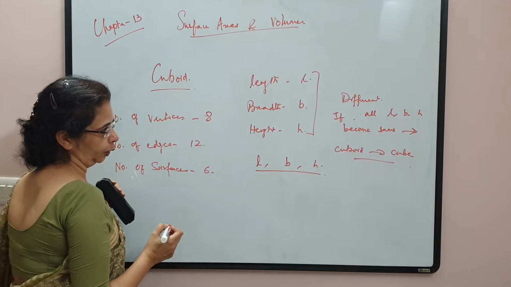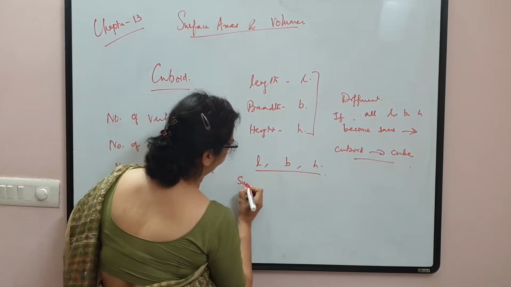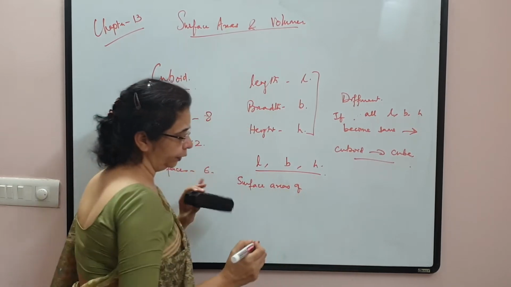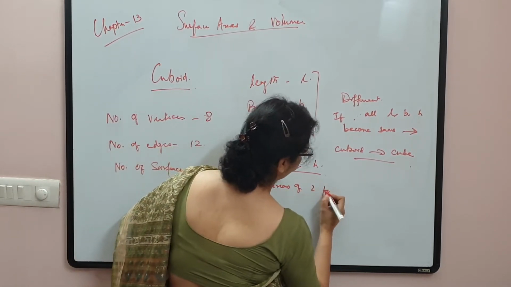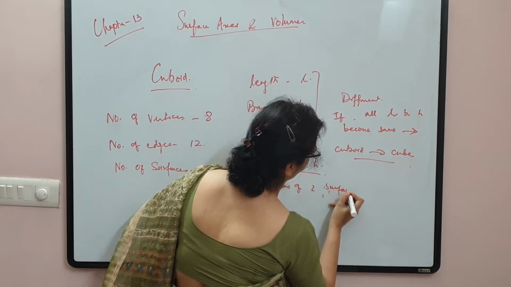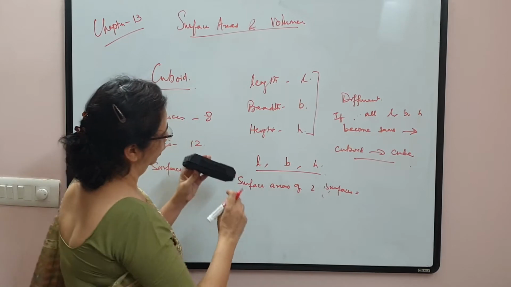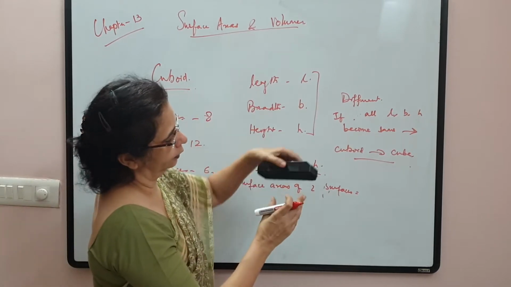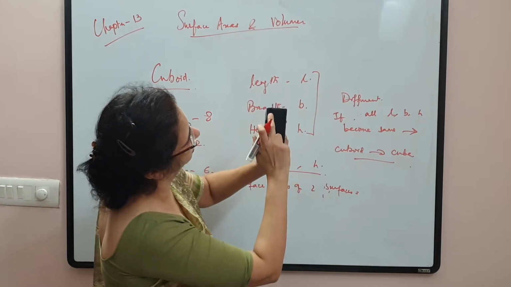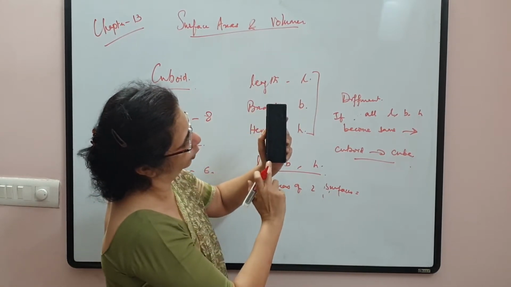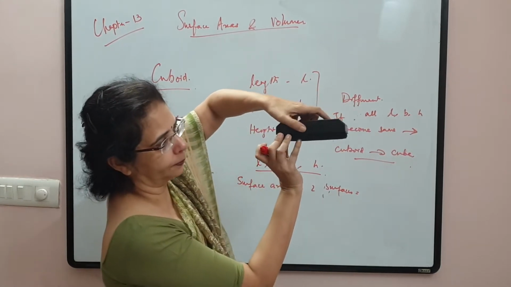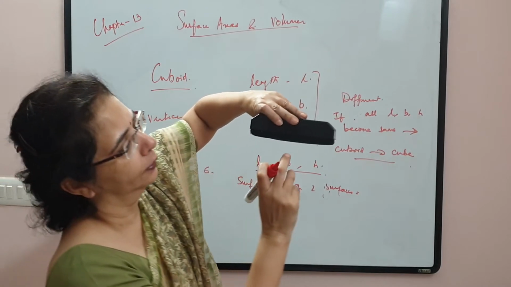I have already taught you the surface areas of 2 surfaces. What did I explain to you, children? What was the surface area of this surface? See, we were explaining to you like this.